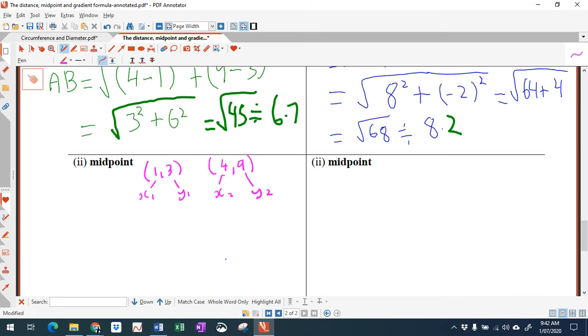Now what you're going to do next is write down the midpoint formula. Midpoint formula is (x1 plus x2 divided by 2, and then y1 plus y2 divided by 2), close bracket.